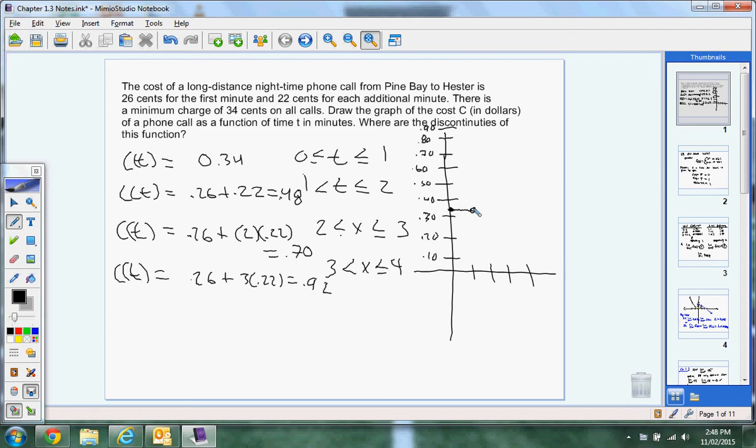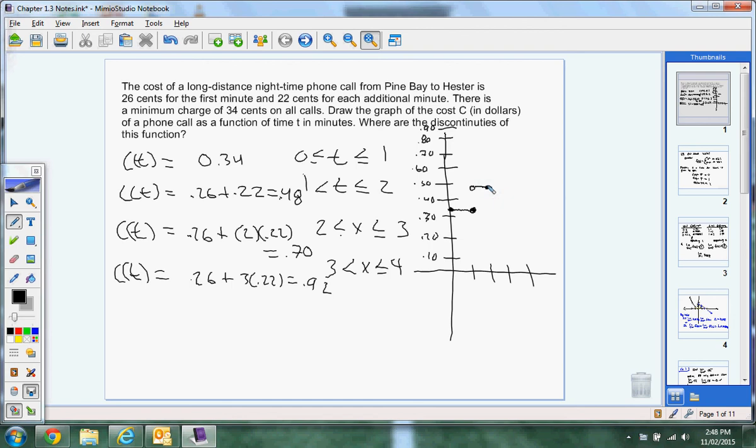As soon as we hit over 1 minute, it's going to be 48 cents. So actually, sorry, it could be solid here. It's going to be open on top of that, sorry. So the next one is going to be between 1 and 2, but it's going to be 48 cents. So it's going to be here to there. And that's why they call it a step function. This is like step 1, step 2, we're going to keep stepping up.